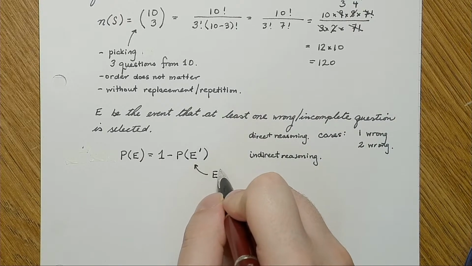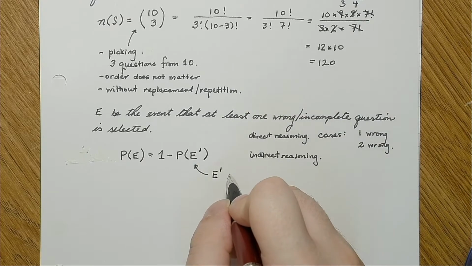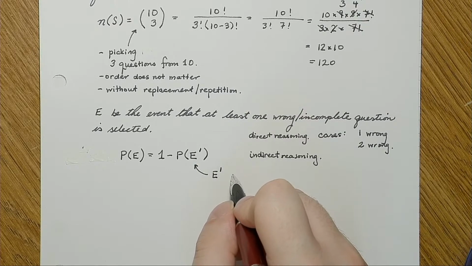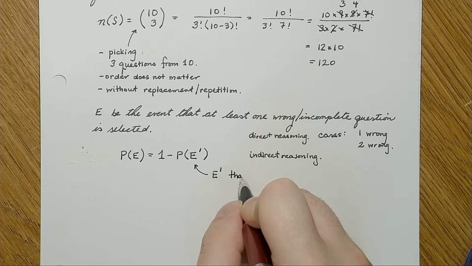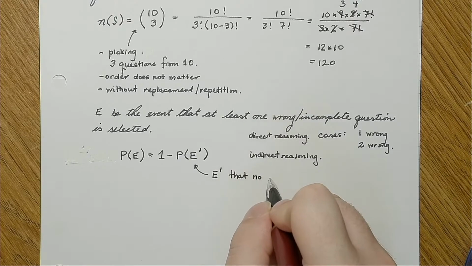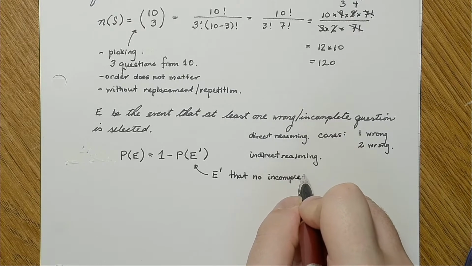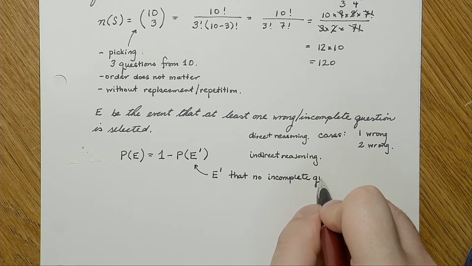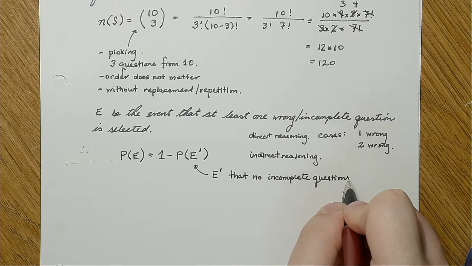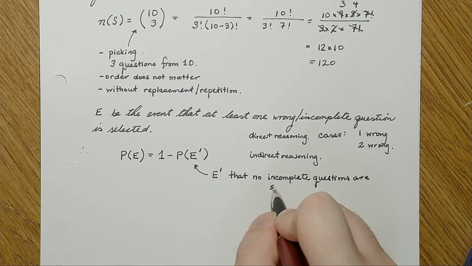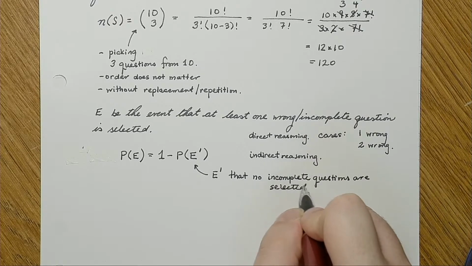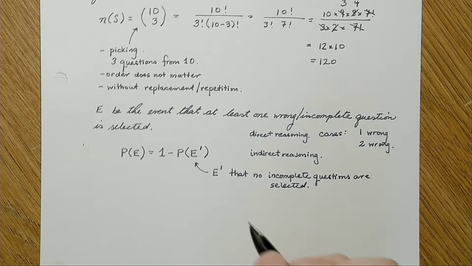And what E complement means is that it's the event that no incomplete questions are selected. Okay?